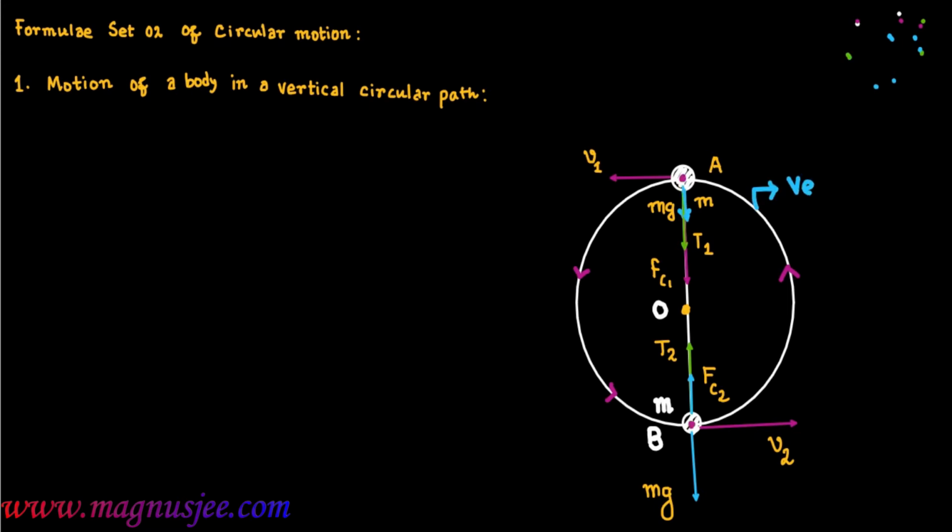This is the vertical circular path in which the string OB is rotated, and a body of mass m is tied to one end of the string. r is the length of the string and also the radius of the vertical circular path.